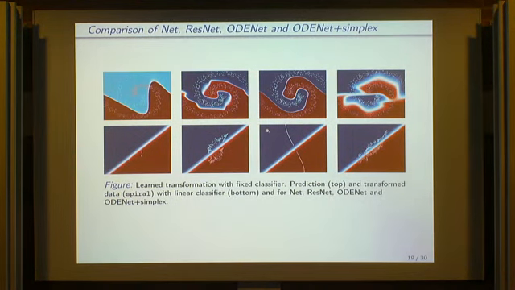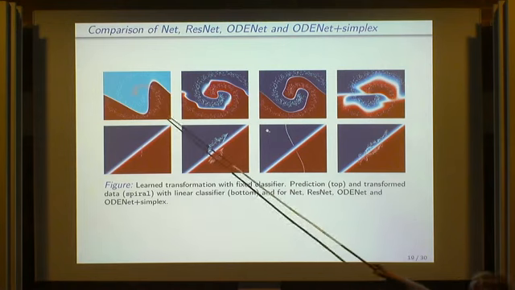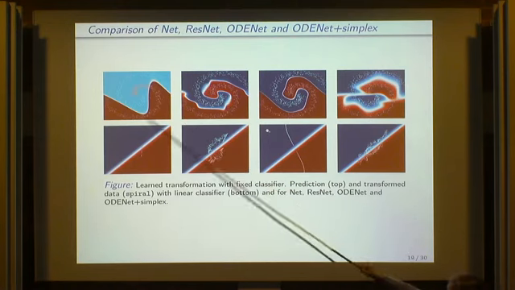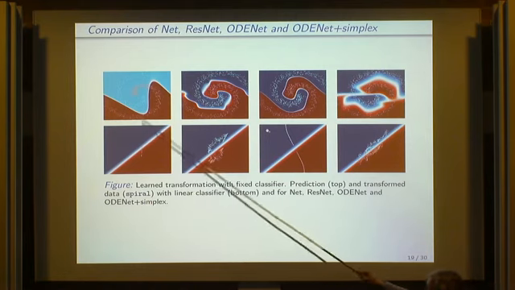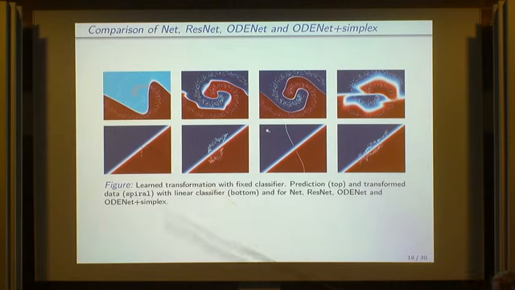This is something that we have done by optimizing the step size. Again, we have different methods in the different columns. The first method is a simple feed-forward neural network, and that is not very successful in this classification problem. The second one is the ResNet, so it's the Euler method, you can say. The third one is the ResNet, but with variable step size, where the step size has been learned.